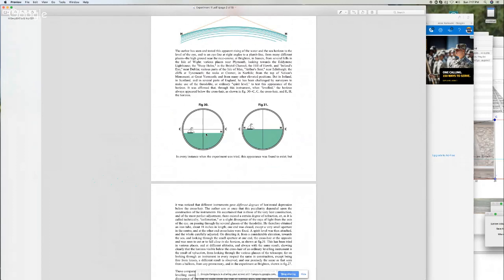And what they discovered is yes, the horizon was below the crosshair. But what they also discovered was that depending on the magnification of the transit, depending on how many lenses were from the front to the back of the eyepiece, the angle drop to the horizon was different in every instrument.